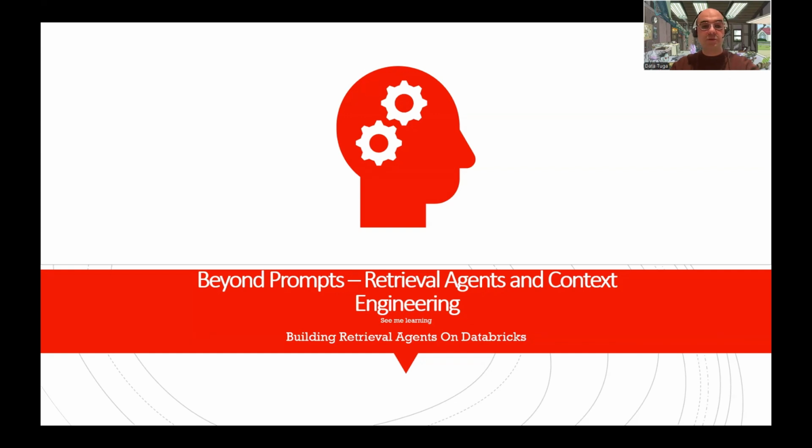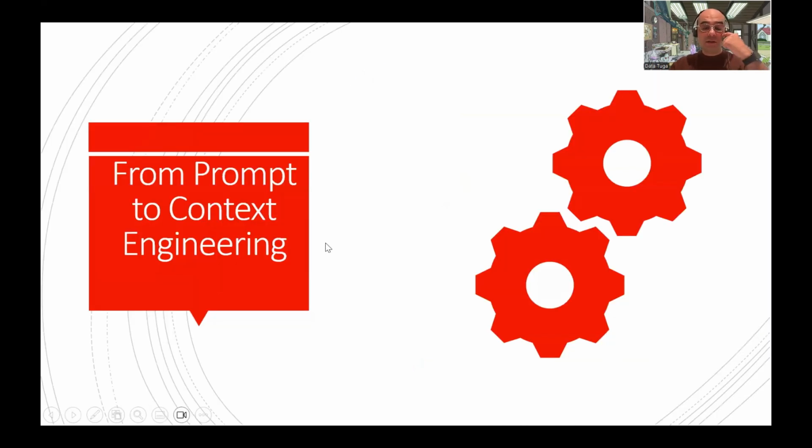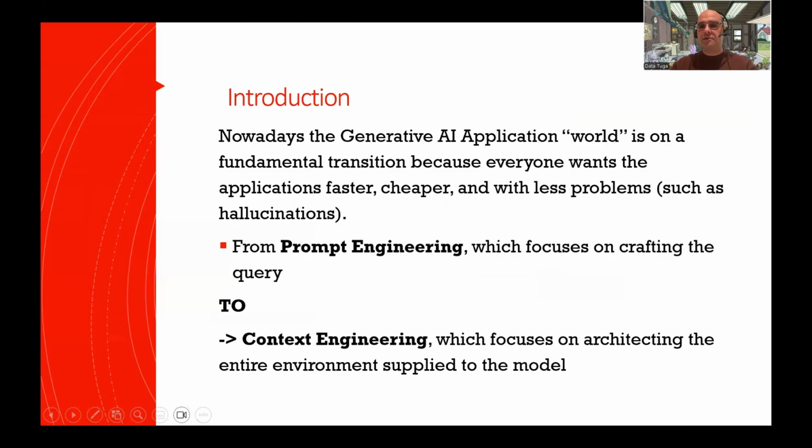the first two videos. This module is called Building Beyond Prompts, Retrieval Agents, and Context Engineering. And in this module, we are going from prompt engineer to context engineer. So you know that nowadays the generative AI application world is going through a fundamental transition.